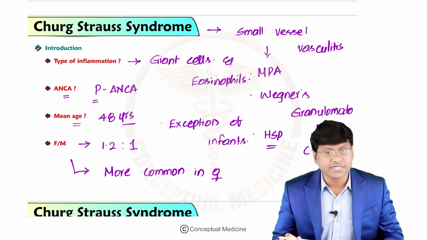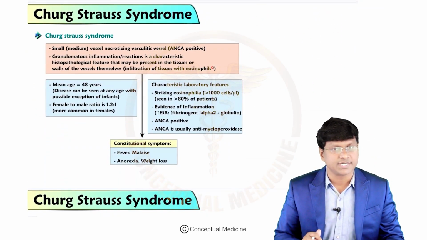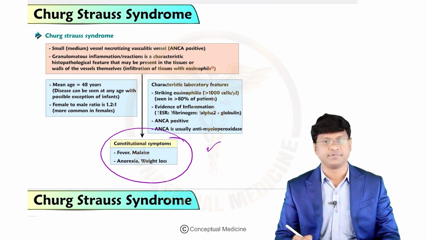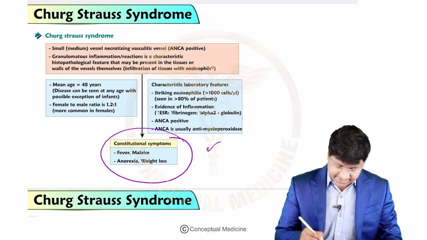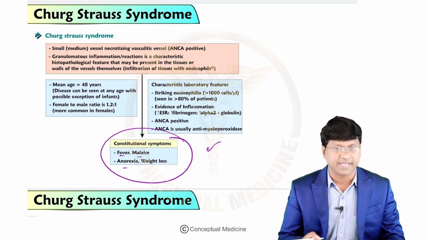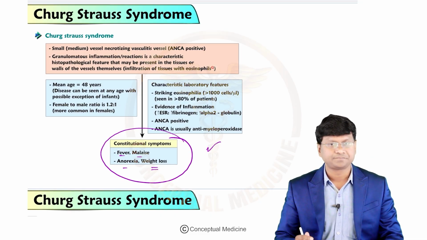As you observe in all forms of vasculitis, even in patients with Churg-Strauss syndrome, you have the presence of constitutional symptoms. These include fever, malaise, anorexia, which means loss of appetite, and there can also be weight loss.